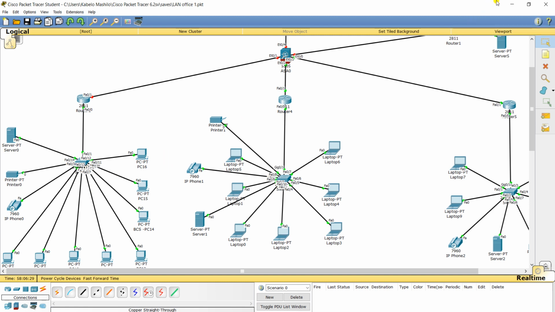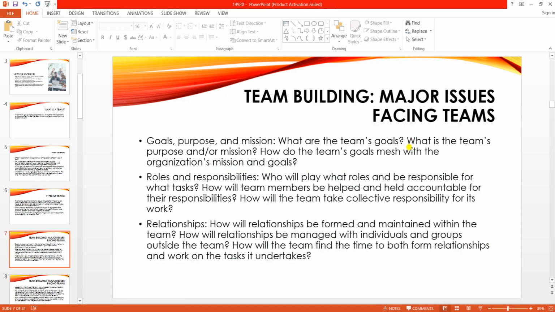So when these questions are posed in terms of the team's goals, they need to merge with the organization's goals. That in itself is a major issue that a team faces. You find that in most instances, the team's goals do not merge with the organization's needs, because in most instances the team may require skills in order to do the job or do the work that was expected.